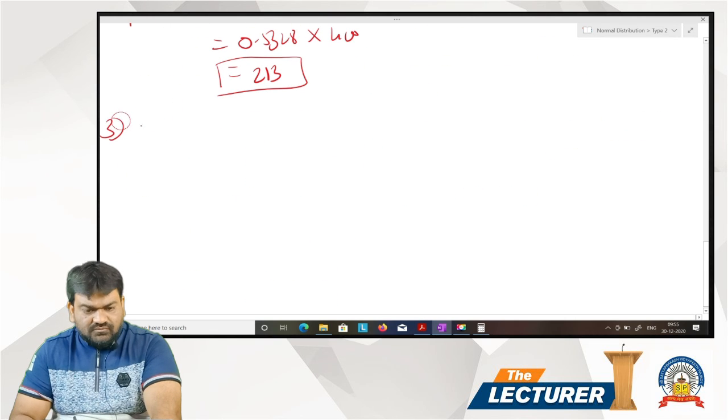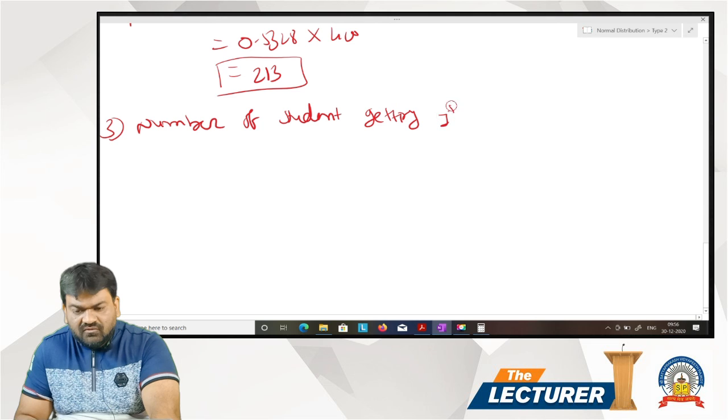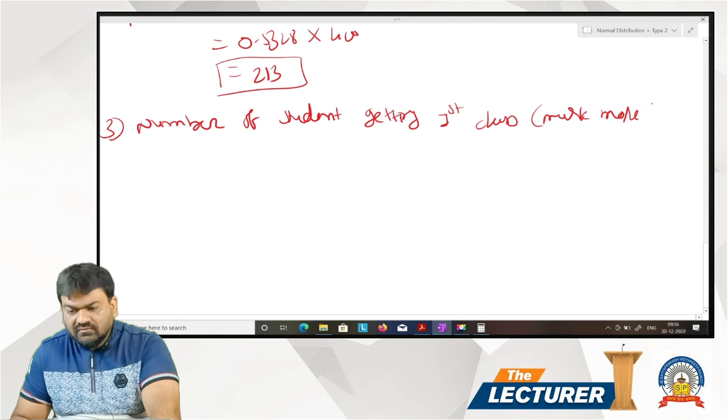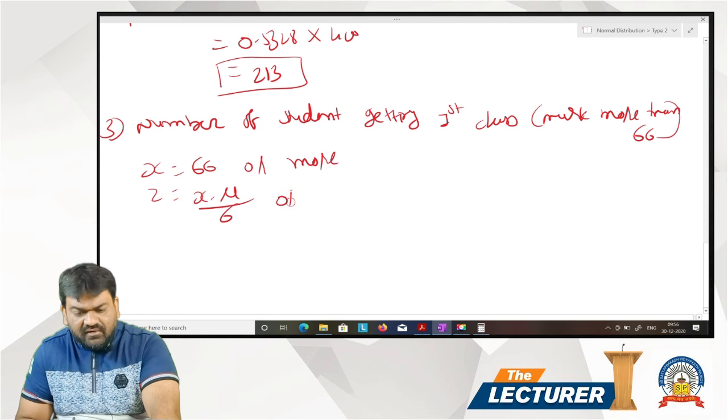Third, number of students getting first class, marks more than 66. Okay, x is 66 or more. Z is (x minus mu) upon standard deviation, or more.